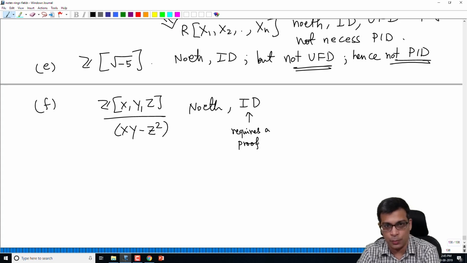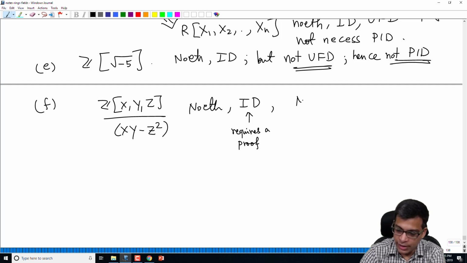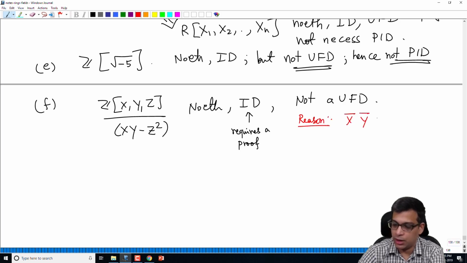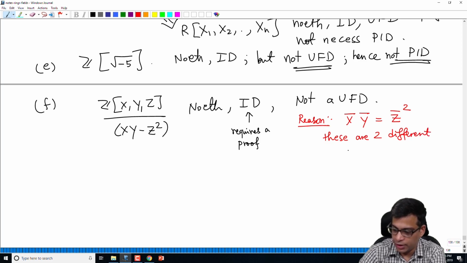This is an irreducible polynomial, that one has to show. You cannot write this as a product of two polynomials, so it's irreducible, so it's an integral domain. It's not a UFD, and the reason is x bar y bar is equal to z bar squared. So these are two different factorizations.